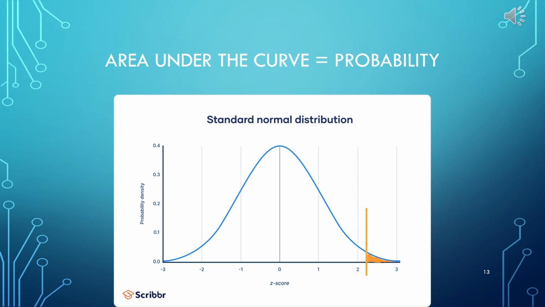Now we actually have area under the curve that we can find the probability of, because all of these different sections of the standard normal distribution have already been worked out. So we need to look up in a table the probability of observing a value at 2.2 standard deviations above the mean or higher.